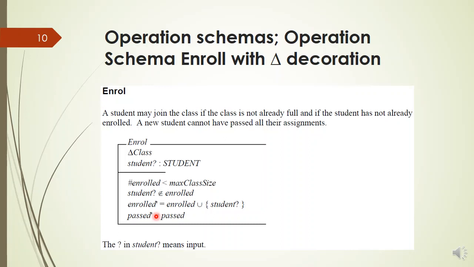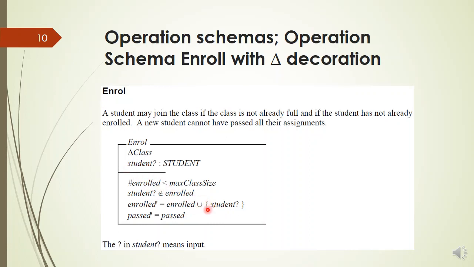And the predicates with the prime symbol are postconditions. Whenever we perform the operation enroll, what would happen? The input student would be a part of the set enrolled, because this is an element.